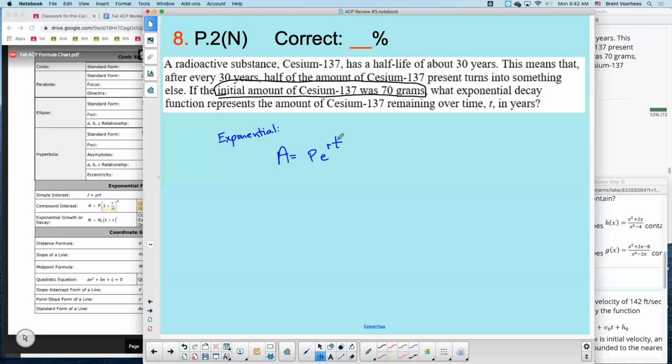Which letter refers to the initial amount? P. And so you would have A equals 70e^(rt).